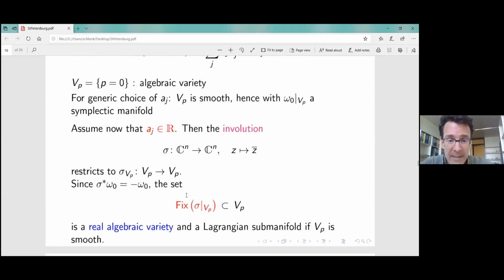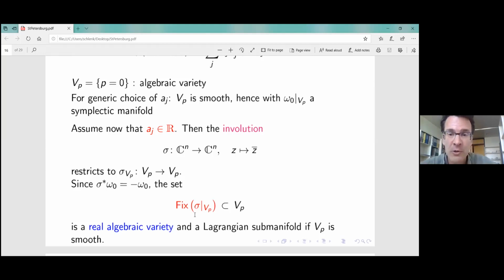And because of this, the fixed point set of this involution is, first of all, a real algebraic variety, and when you assume that Vp is smooth, it's automatically a submanifold and automatically Lagrangian. So now we have many examples.